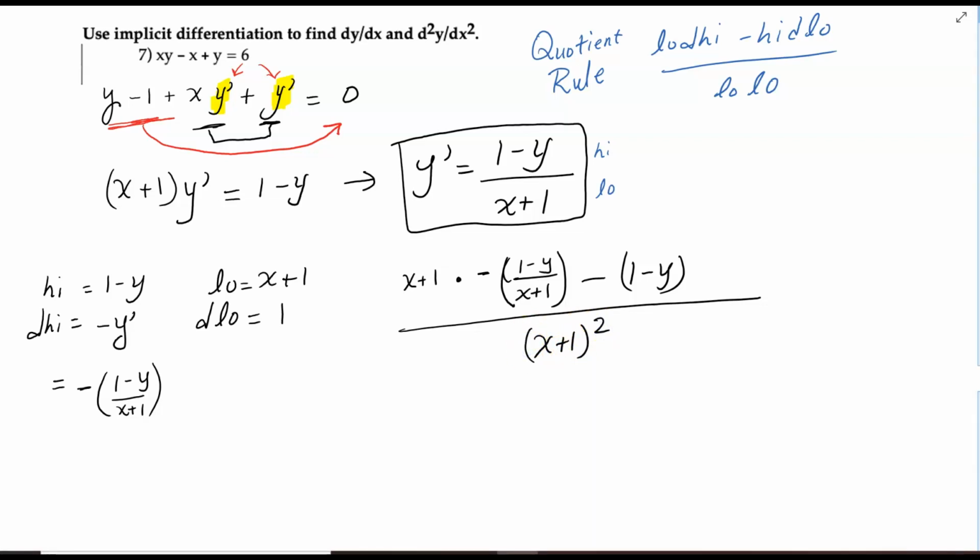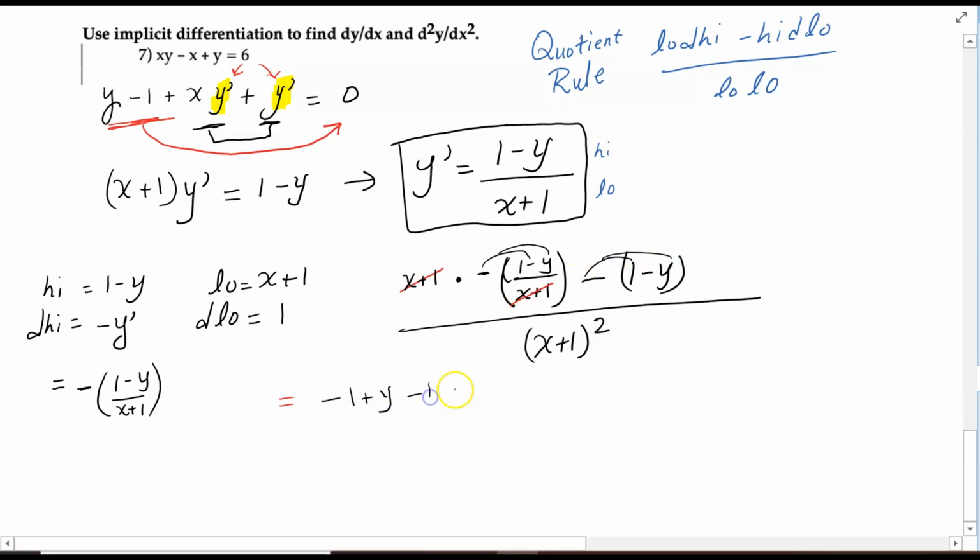Now you should notice that the x plus 1 on the left side of the top cancels out. So what are we left with? We're left with a negative 1 plus y. I'm distributing here, and then we distribute that negative as well.